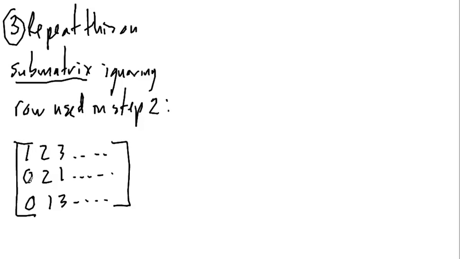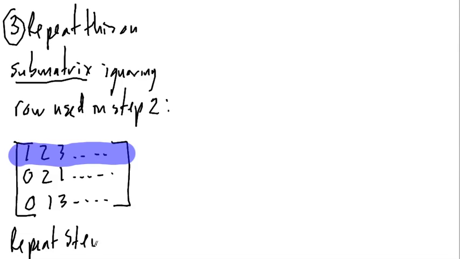I've already got a 1 up here and zeros down here, so I'm going to pretend this row does not exist. I mean, it is there, but we're going to ignore it for a second. Now, looking at this matrix, I repeat step 1. Explicitly, I meant to say I repeat step 1.